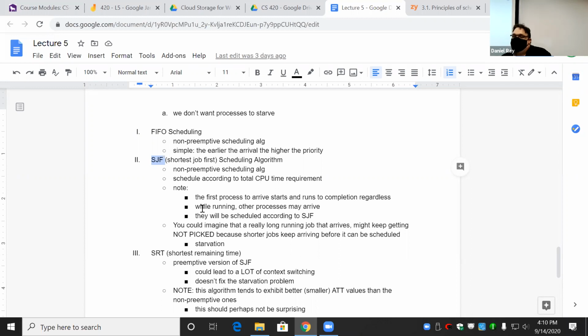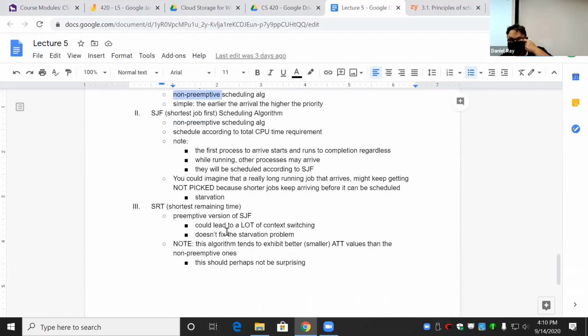A long-running process may not ever get access to the processor if it's a busy system and a bunch of smaller runtime processes keep arriving. Leading to starvation. And that's a problem. So both of these are your common non-preemptive scheduling algorithms.